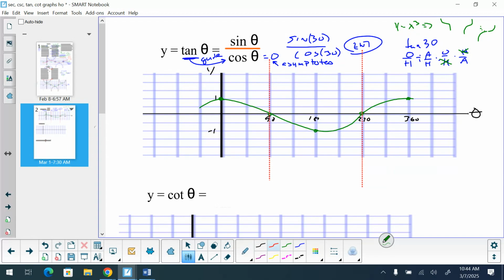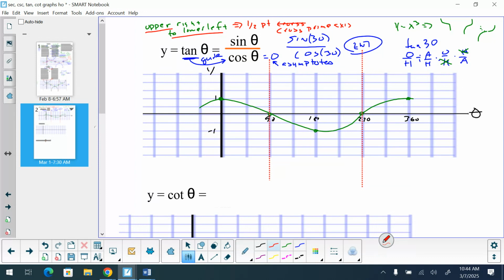Well, when we're talking about tangent, we go from upper right to lower left. Upper right to lower left with the tangent. Halfway point. We cross the neutral axis.